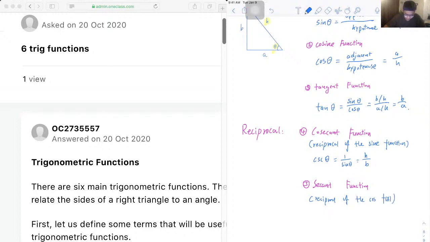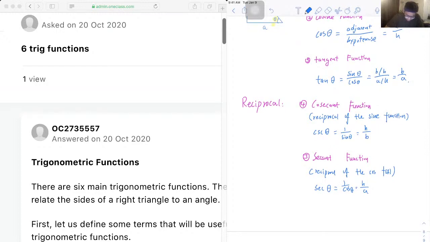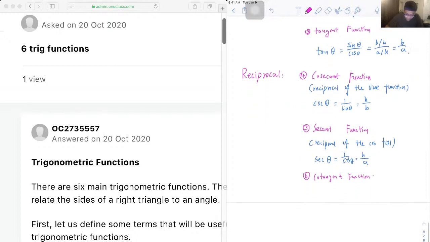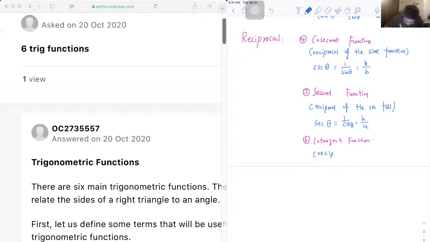Okay, so we will have SEC theta is equal to 1 over cosine theta, and recall cosine theta is A over H, so the reciprocal will be H over A. Okay, and our last one will be our cotangent function, which is the reciprocal of the tangent function.